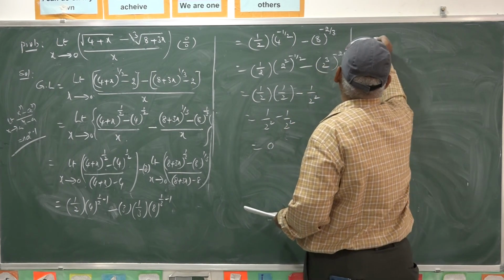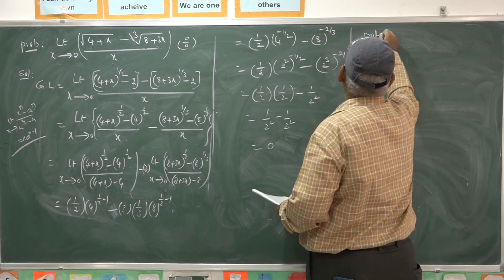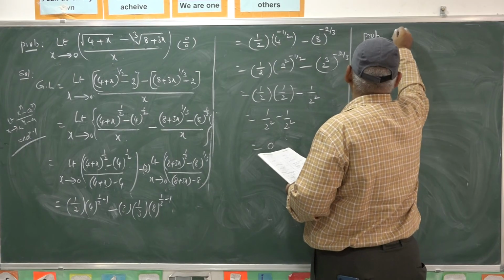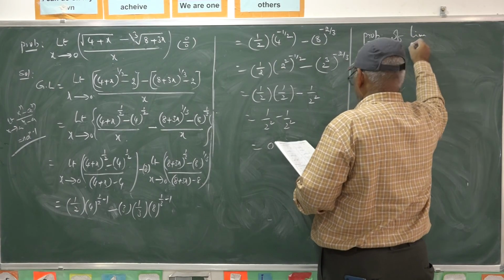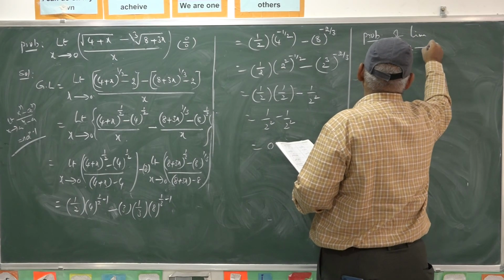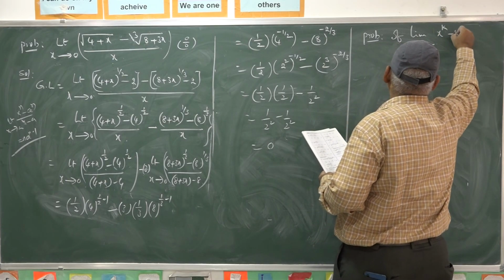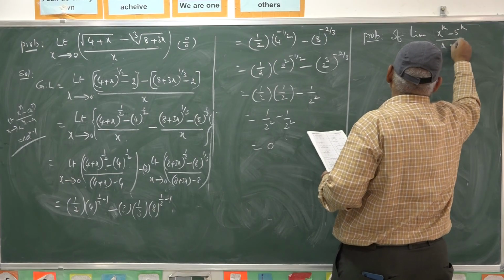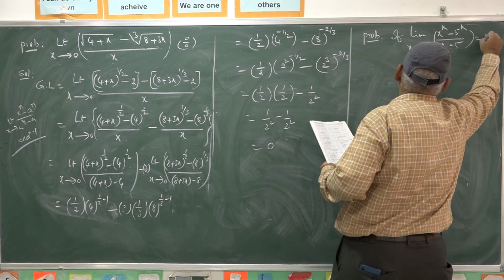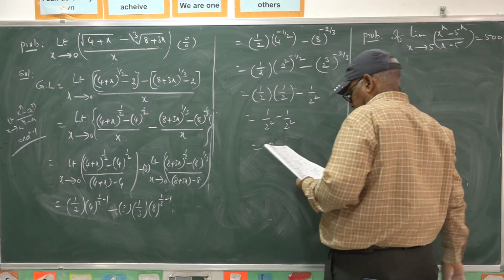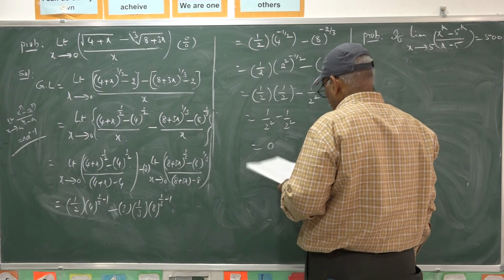Next problem. Limit as x goes to 5 of (x^k minus 5^k) by (x minus 5) is 500. Then find the positive integral value of k.